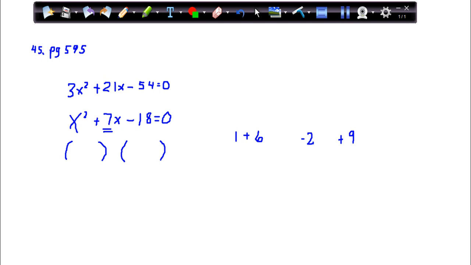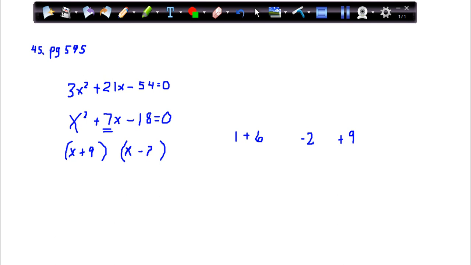And when I multiply a negative 2 times a plus 9, it gives me a negative 18. So we know that fits. So let's go ahead and factor. X and X is factored. So when we're saying factoring, what makes up that equation? Well, we know those two brackets are made up of x and x, and a plus 9 and a negative 2.